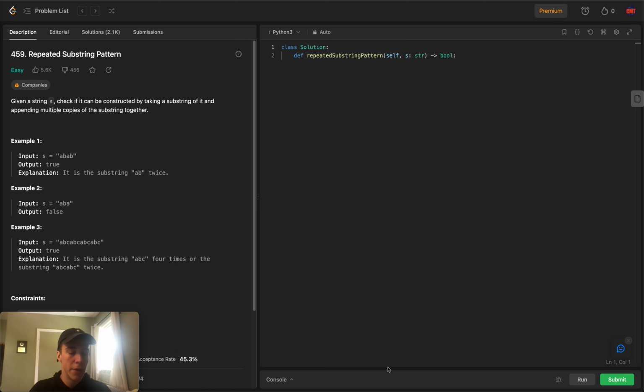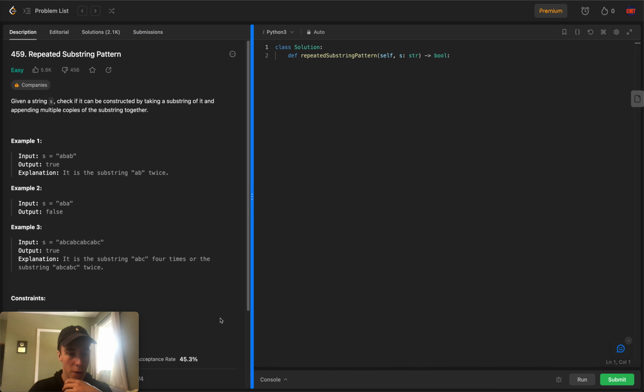Meaning, if there's a pattern within it that repeats over and over again, and at least twice, then the output should be true. Otherwise, it should be false.